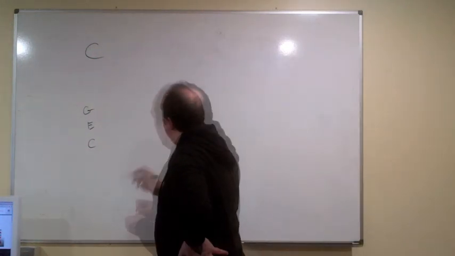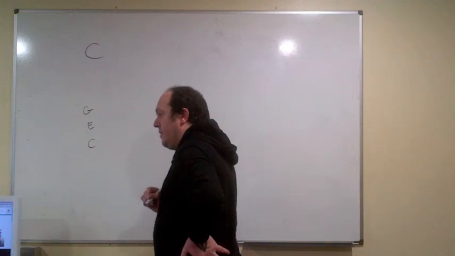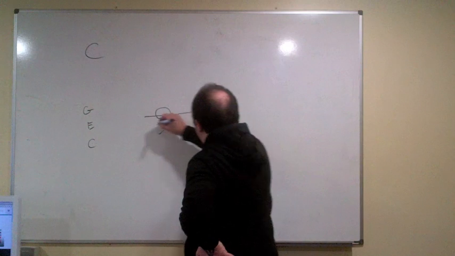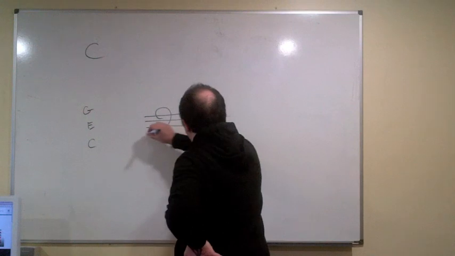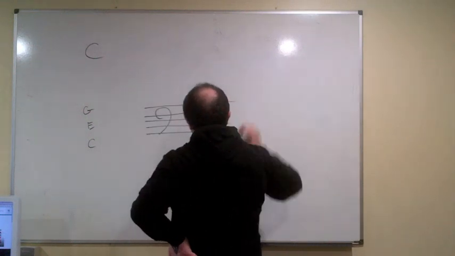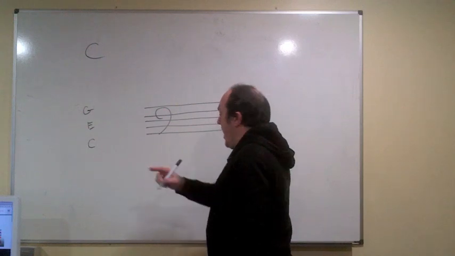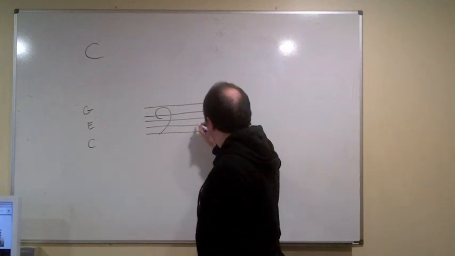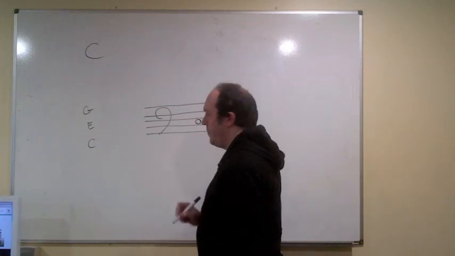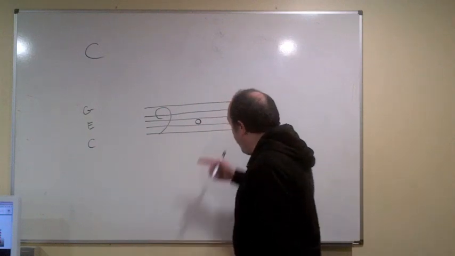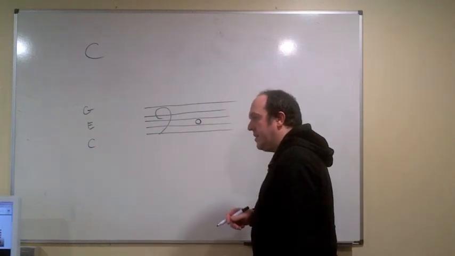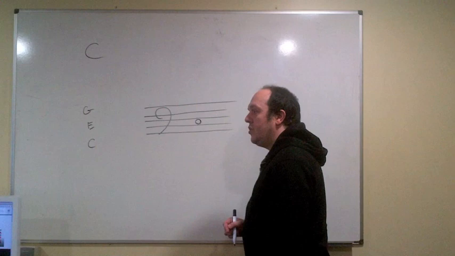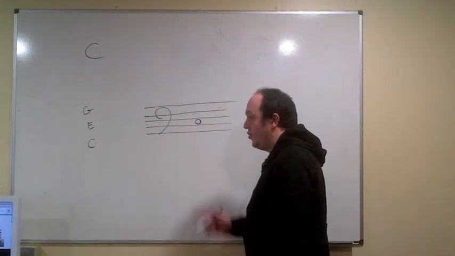In figure bass, this is going to happen. You have the note in the bass, the note at the very bottom. It's a C. And then with numbers underneath, they describe the intervals above that note which give you the chord.